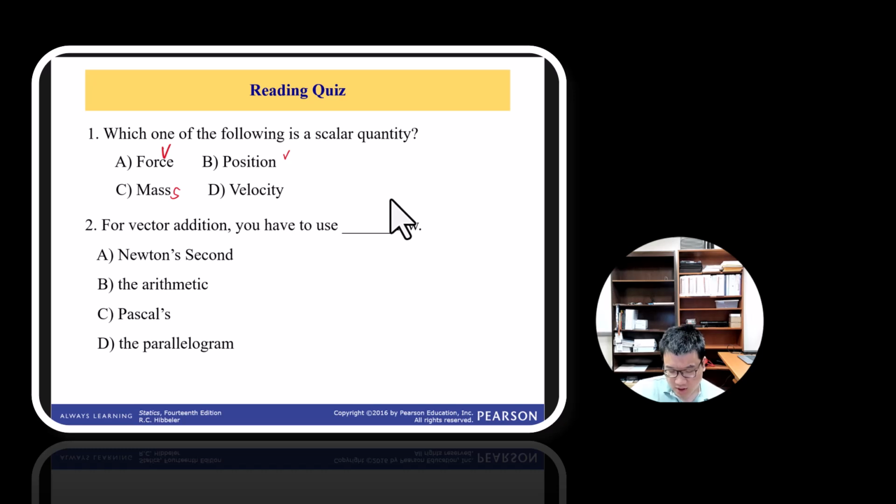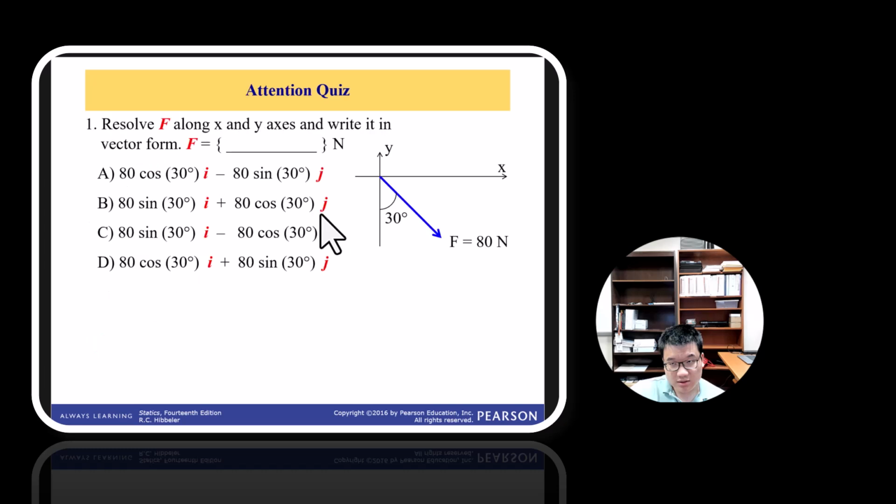Okay. For vector addition, you have to use which law? The answer should be D, the parallelogram law. We used the parallelogram law in example 1 to find the resultant of F1 and F2. Another quiz: please resolve the F along the x and y axes and write it in vector form.